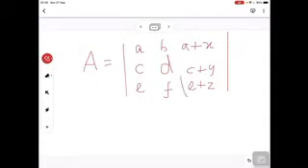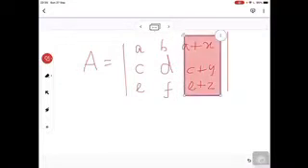Look at the third column. All the elements in the third column can be expressed as a sum of 2 elements.